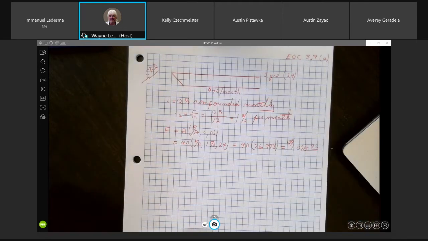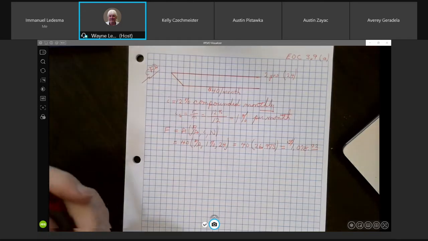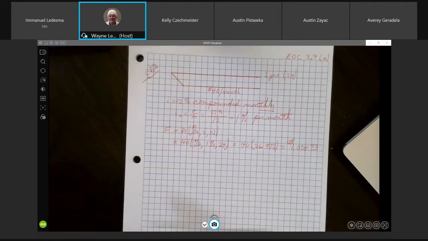Often at the end of the book, when you're doing these questions, just so you're aware of it, they sometimes just round off to the nearest dollar. I tend to carry it through to show the exact pennies on it as well. So that would be all you'd have to do.